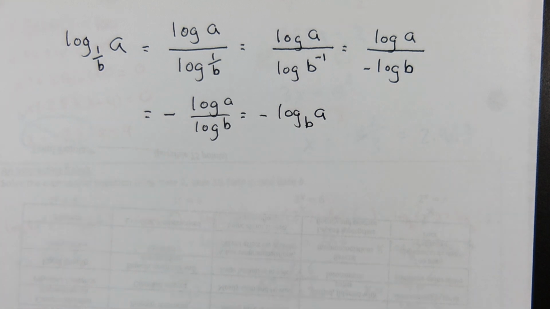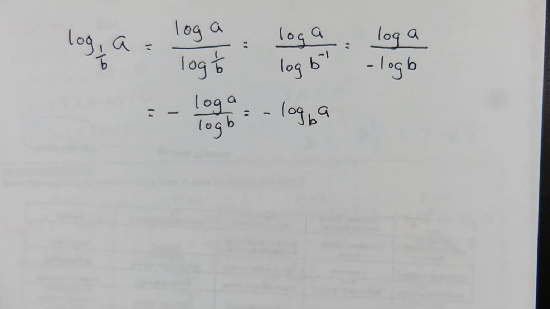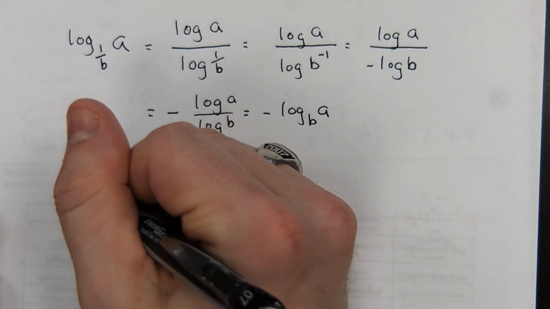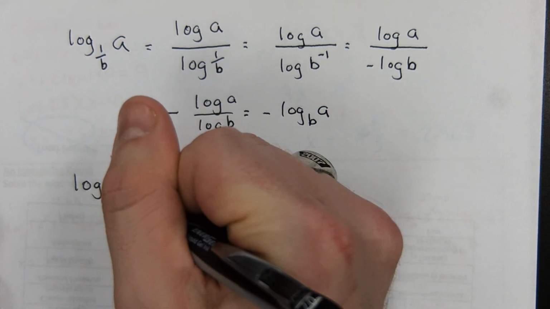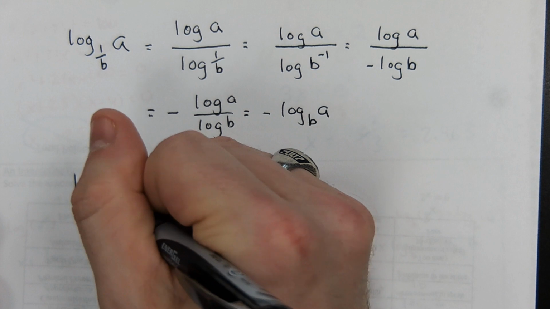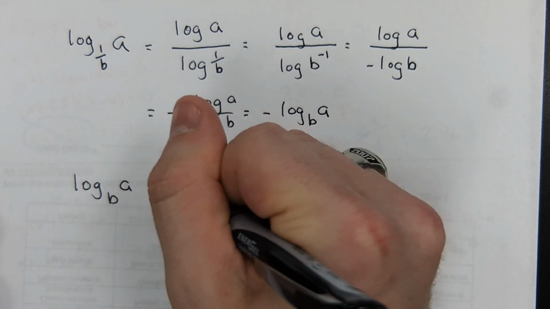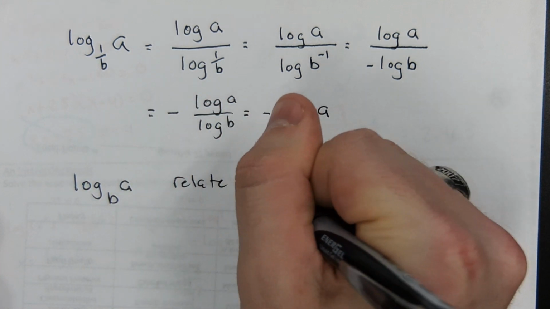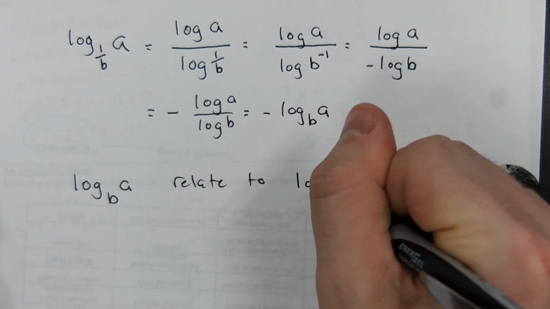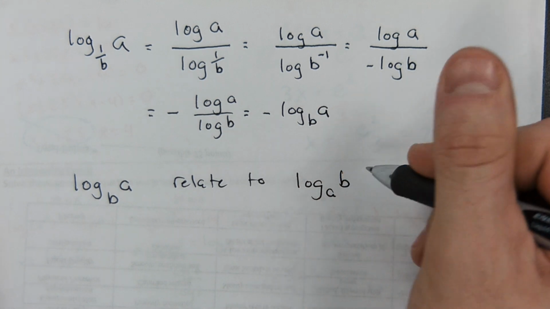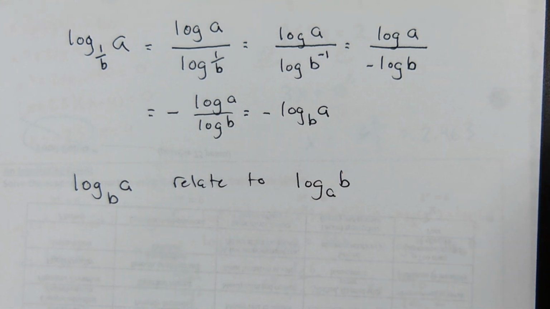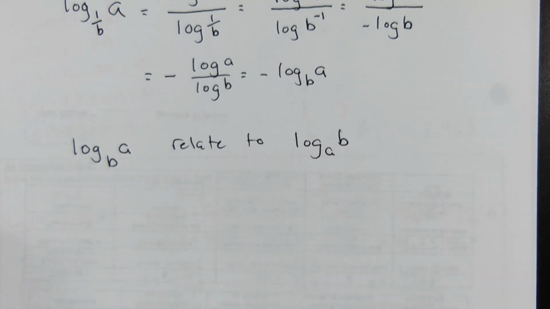Something else we could do right before the bell rings, because I'm a power nerd and I love my logarithms, is this. I would like to ask you, if I start with log base b of a, how is it related to this? What happens if I switch the base and the argument? Well, let's find out.